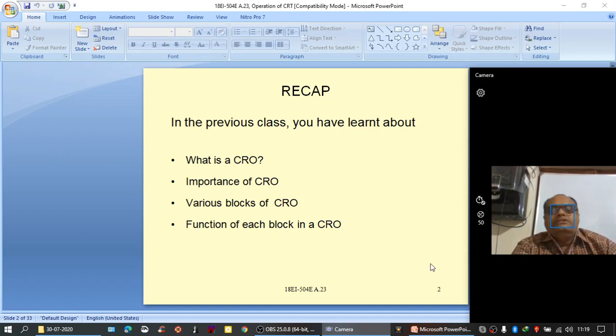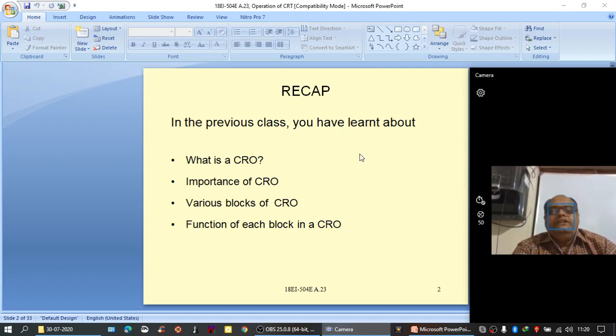Then output of the horizontal amplifier is given to horizontal deflection plates. Output of the vertical amplifier is given to vertical deflection plates through a delay line in order to make sure that both horizontal signal and vertical signal are applied simultaneously to the deflection plates.